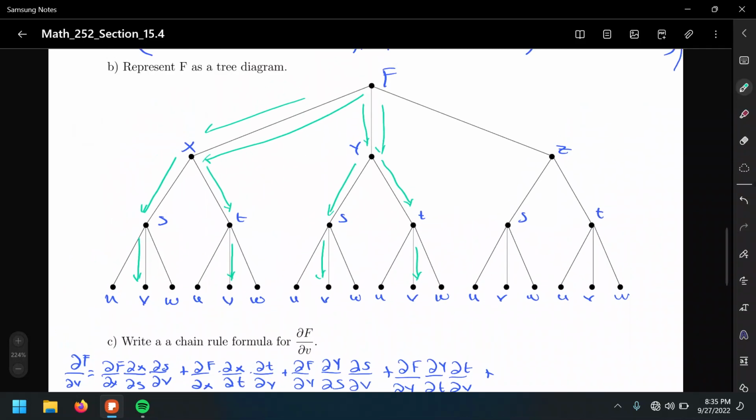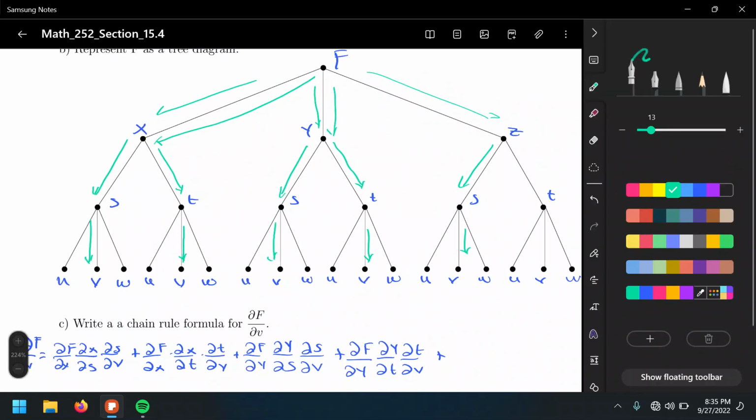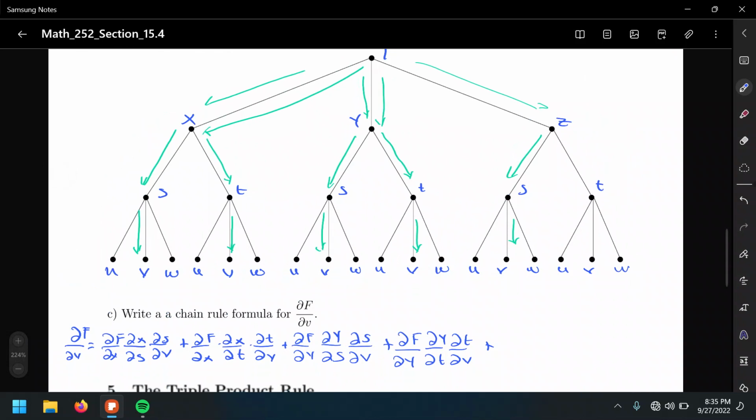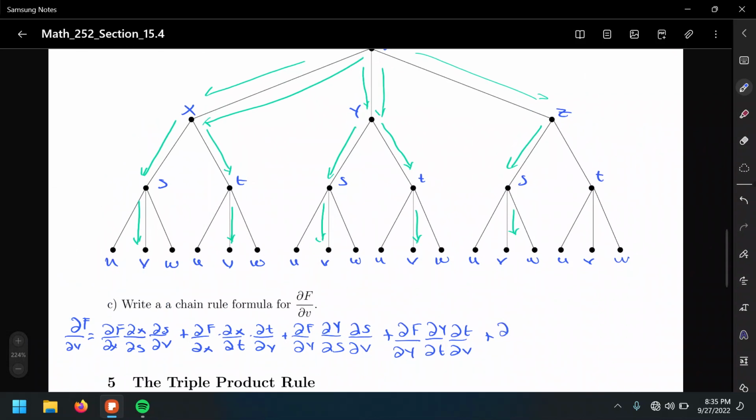So we're done with the middle branches. Let's go with the rightmost branches here. So f to z, z to s, and s to v. Let's write that pattern of partial derivatives. Partial f with respect z, partial z with respect s, partial s with respect v.